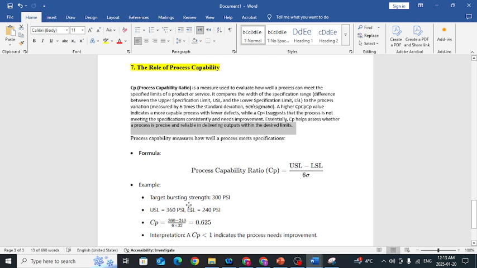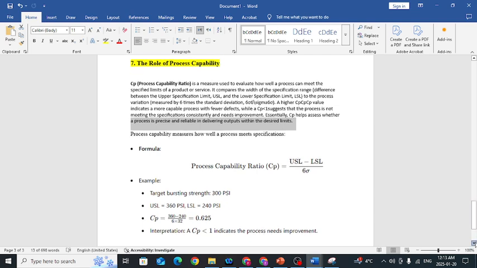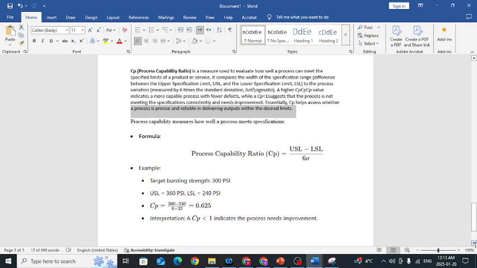Target bursting range is 300 PSI, and this is the data that I want to show you, the constant data from one example. We have the USL of 360 PSI and LSL of 240.